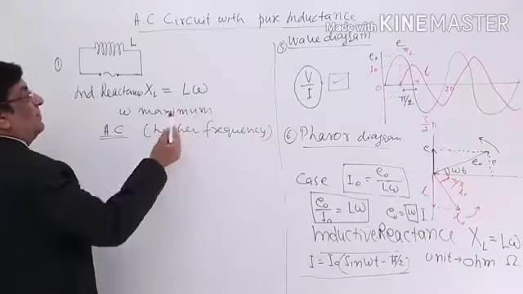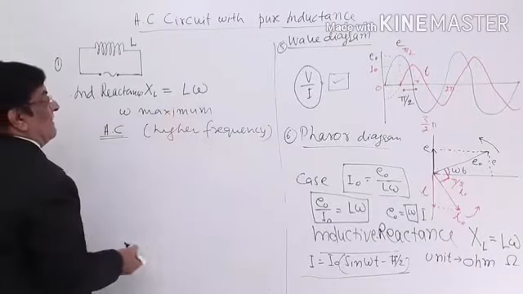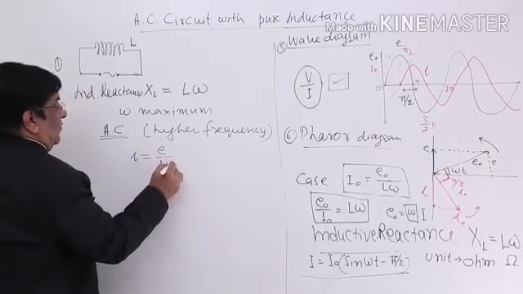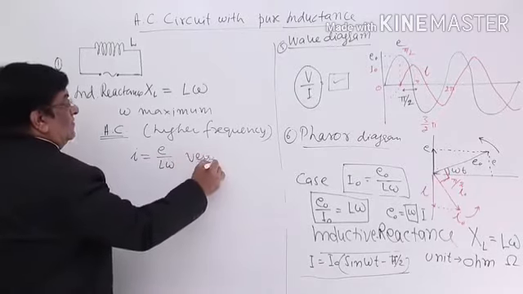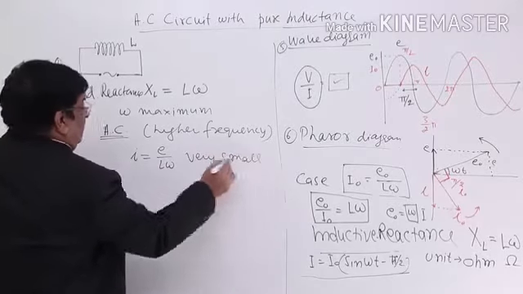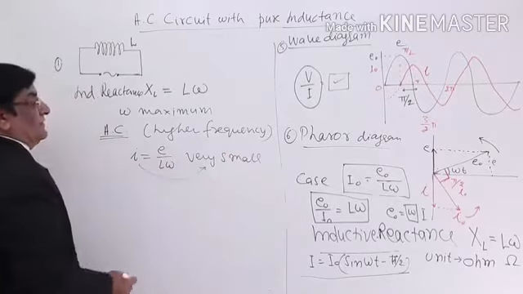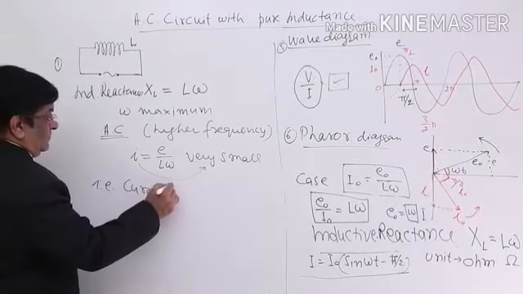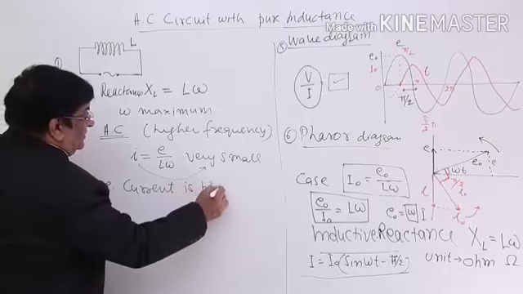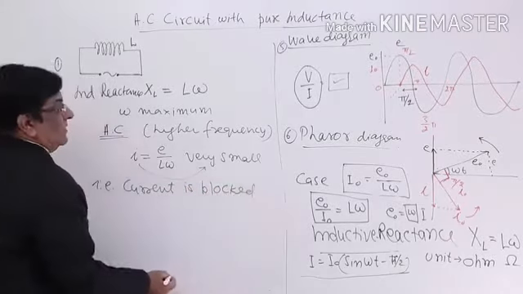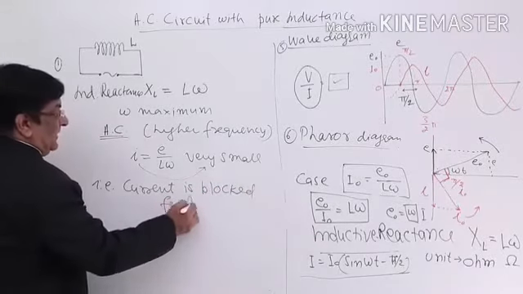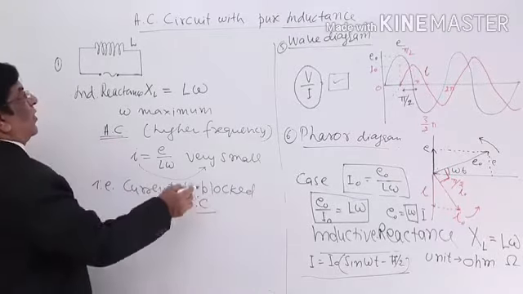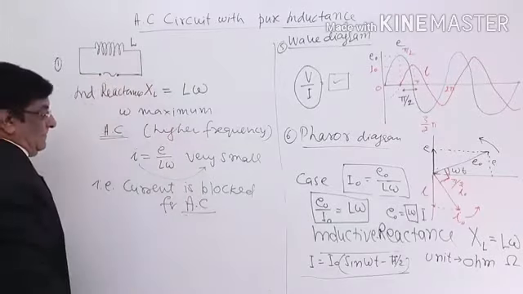In that case, XL will be maximum, and if this is maximum, then how much will be the current? E upon L omega. Very small. Current will be very small. That is, current is blocked for AC. Who is blocking? The inductor.